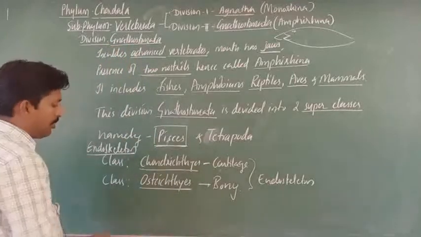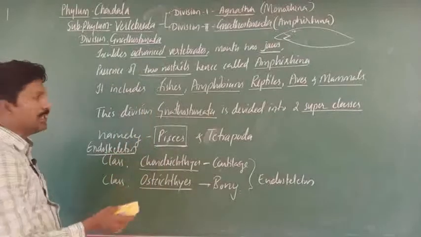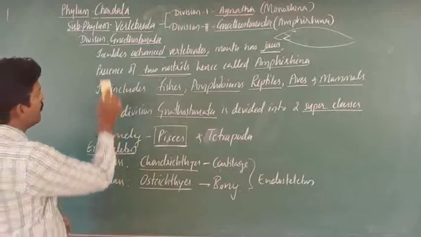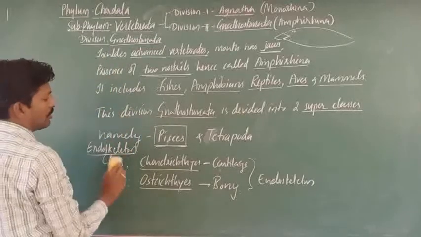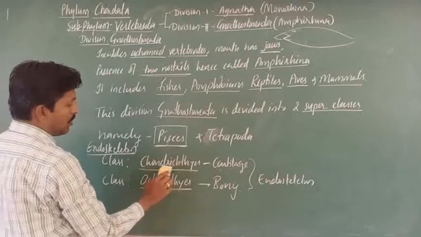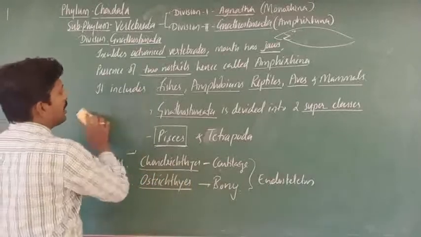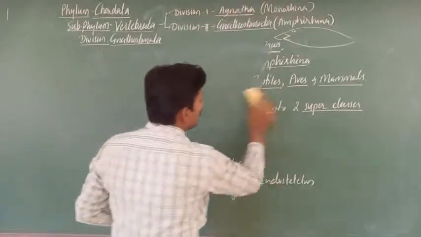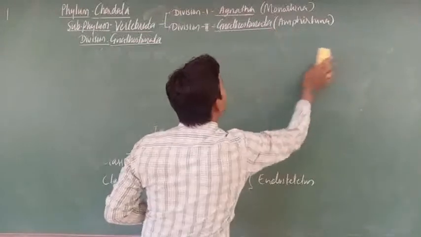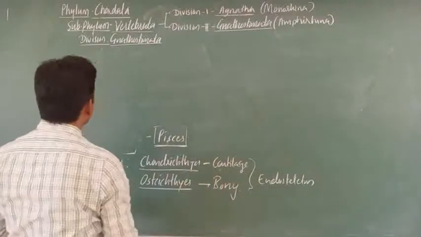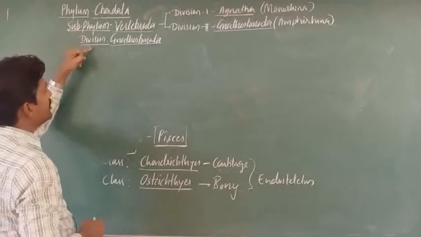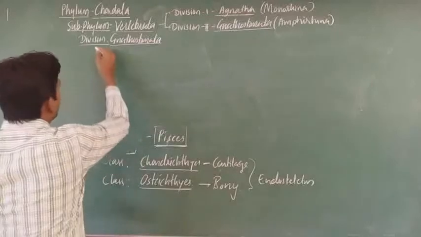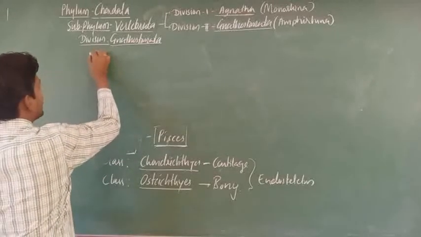Now when you observe this, you can note the points here before this. Now let us write the classification for Chondrichthyes. See, the phylum, subphylum, division, and under this division there are superclasses.